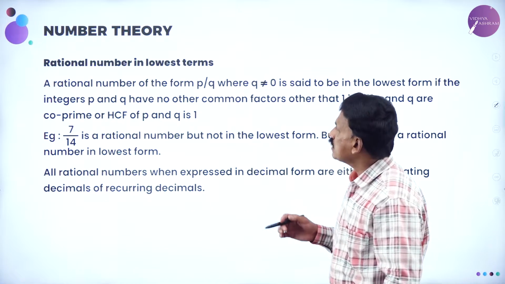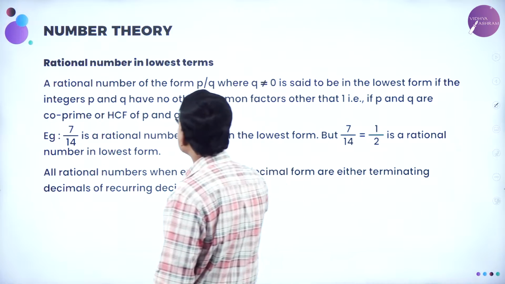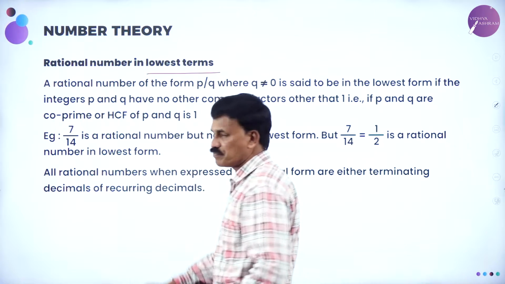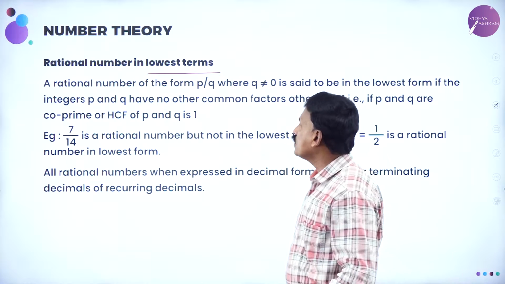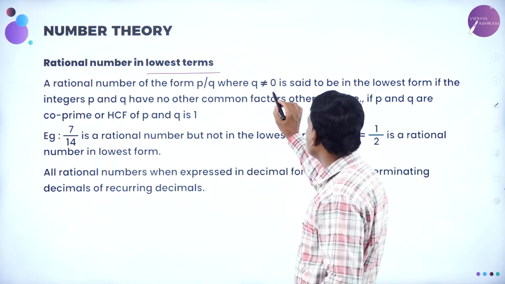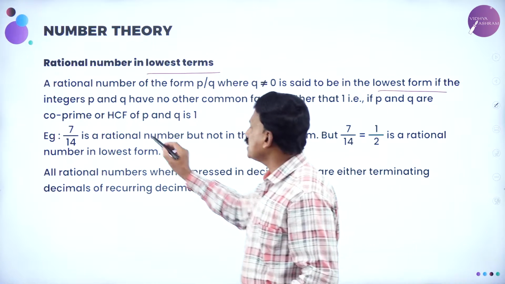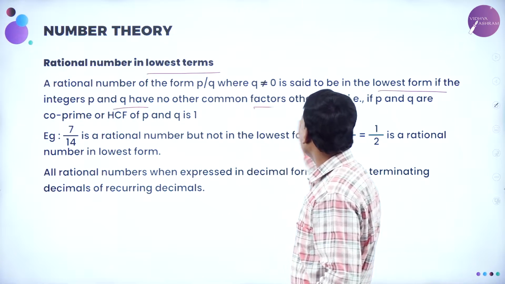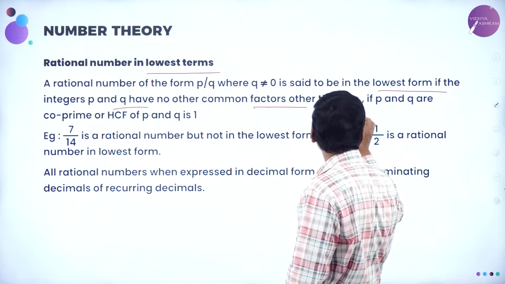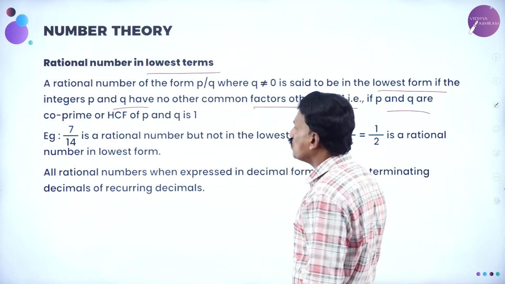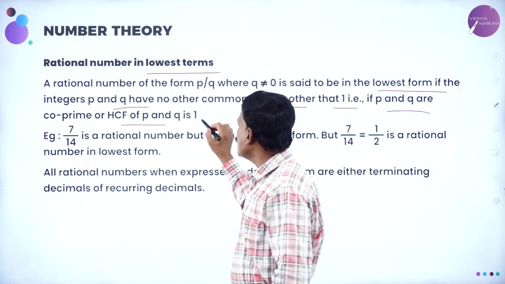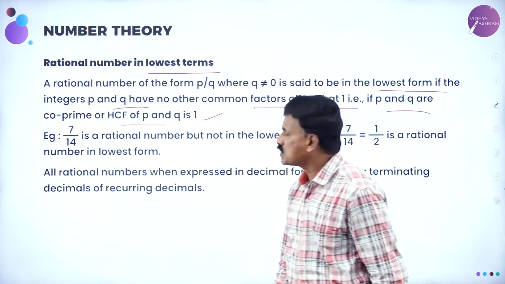Now let us come to some properties. Rational number in the lowest term. A rational number of the form p by q where q is not equal to 0 is said to be in the lowest form if the integers p and q have no common factors other than 1. That is, if p and q are co-prime, or HCF of p and q is 1.